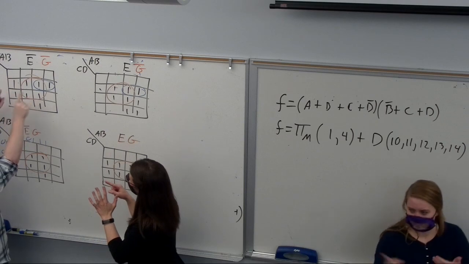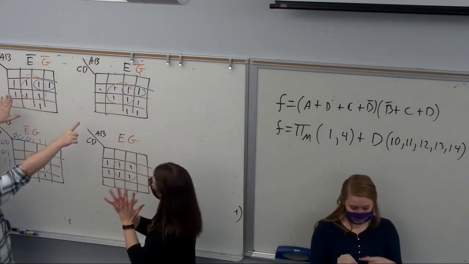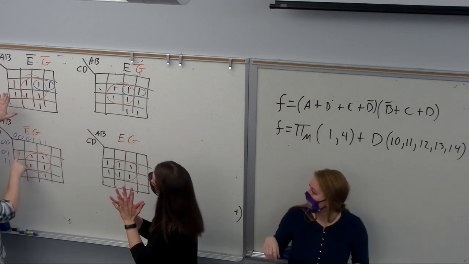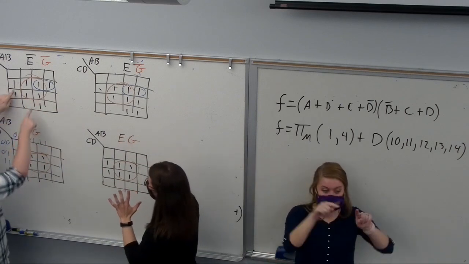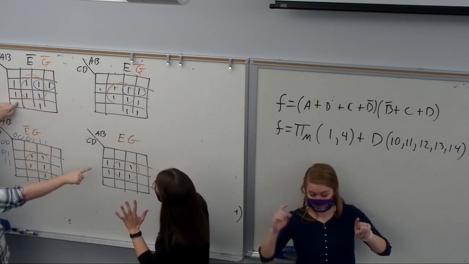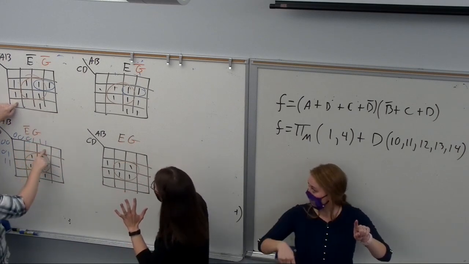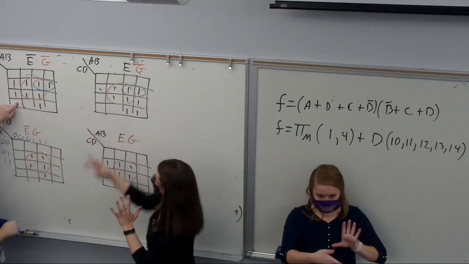E not G is 0, 0. Then I have 0, 1, so that's my second one. So it's 0, 0, 0, 1, 1, 0, 1, 1. So it goes this one, that one, this one, that one. So 1, 2, 3, 4.